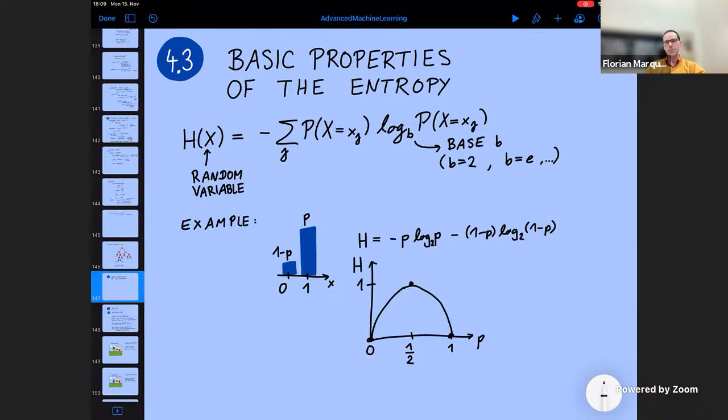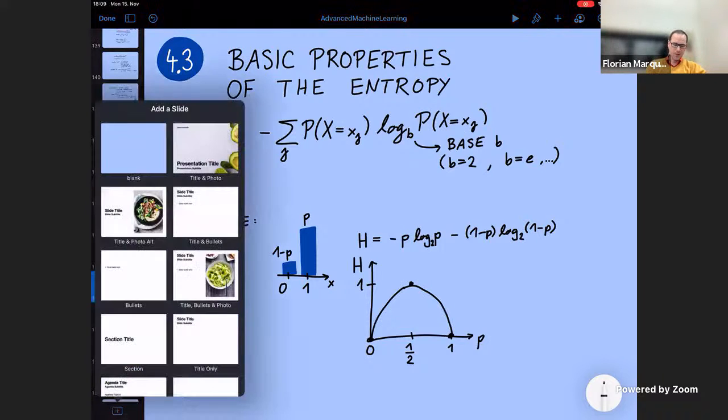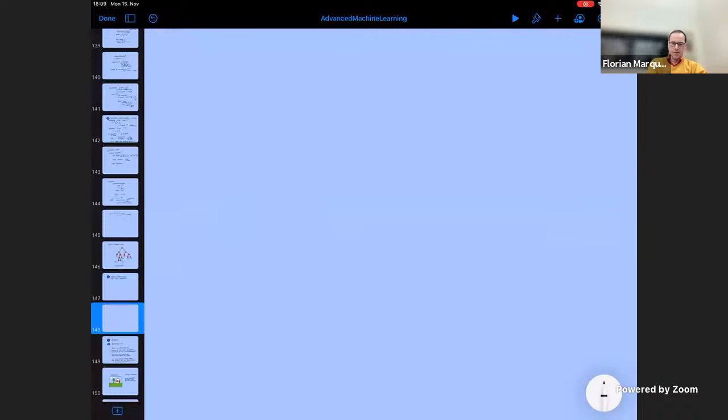So what are the general properties of the entropy? The first thing is, in this example, we already saw it was never negative, and that is a general property. And this simply follows from the probabilities being less than or equal to 1. Okay, the second thing is if you calculate such a discrete entropy of a discrete random variable, it's even bounded from above.